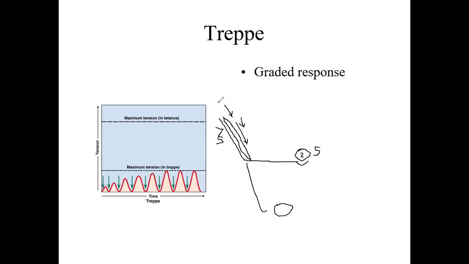Because I increased the stimulus strength, I recruited more motor units, so they still kept my hand at the same length. You increased the strength, but you are not changing the length of the muscle. You are still keeping it there. So the force it is opposing is much more.